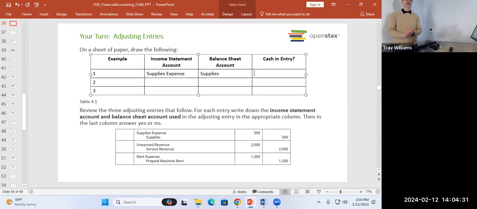It's an asset, and assets go on the balance sheet. Was there any cash in this transaction? Yes. There was cash when we originally bought the supplies or paid for them, right? But in this transaction, we're just saying, okay, we've used some supplies, so the amount of supplies went down, and we're calling that a supplies expense, but there are no dollars changing hands in this transaction.